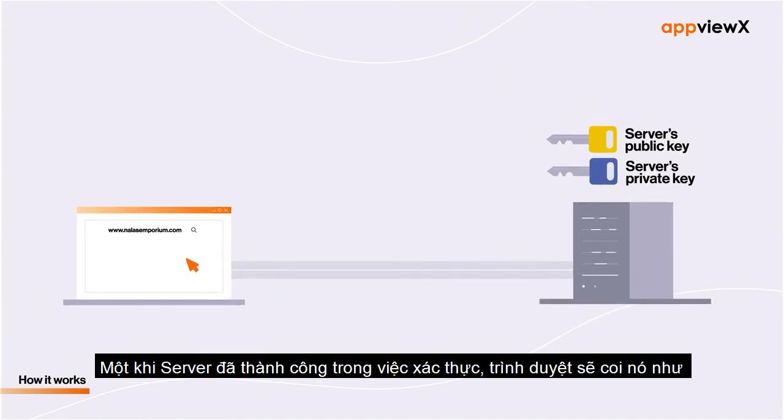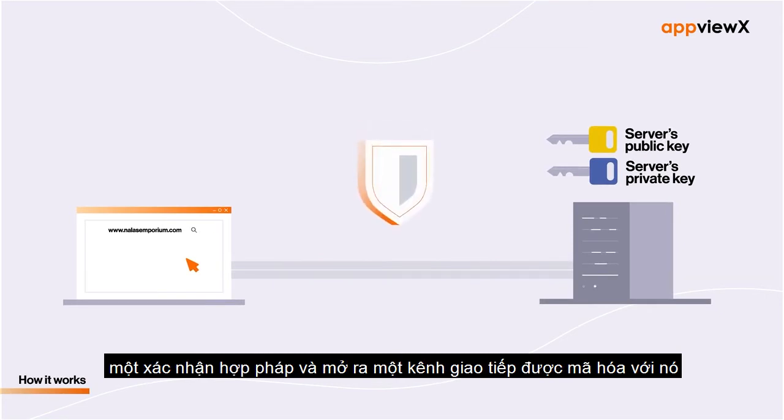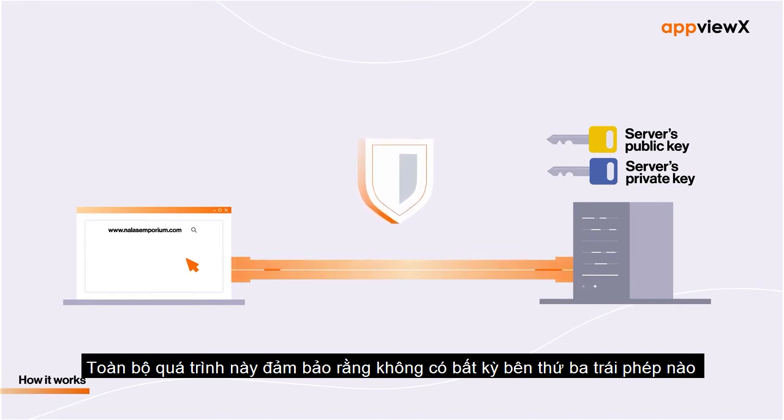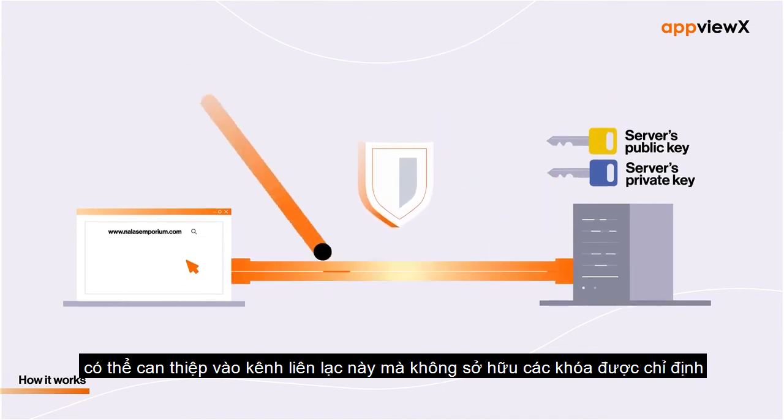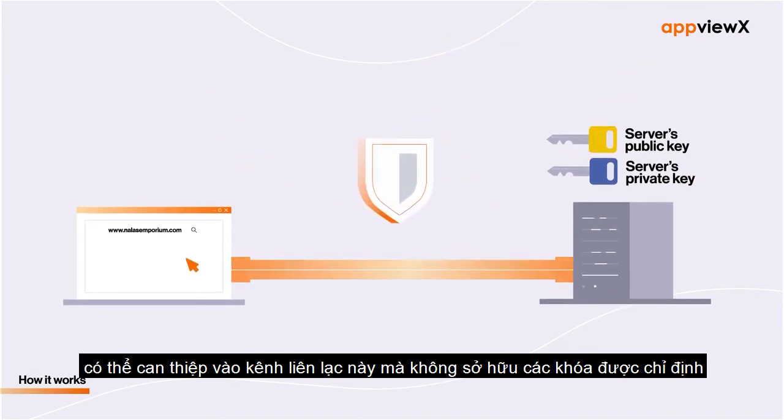Once it informs the browser that it has succeeded in doing so, the browser takes it as a confirmation that it is legitimate and opens up an encrypted communication channel with it. This entire process ensures that any unauthorized third party cannot intercept this communication channel without possessing the designated keys.